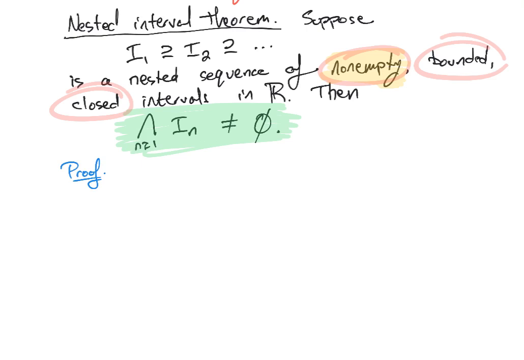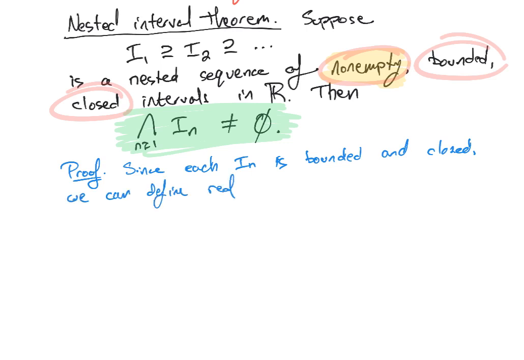Okay. Since each interval is bounded and closed, let's give their endpoints names, okay? So we can define real numbers.